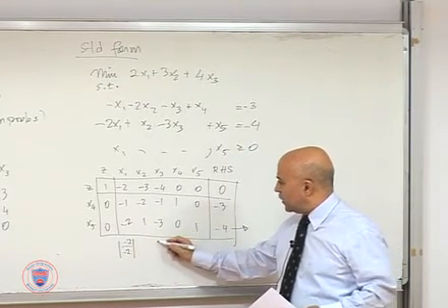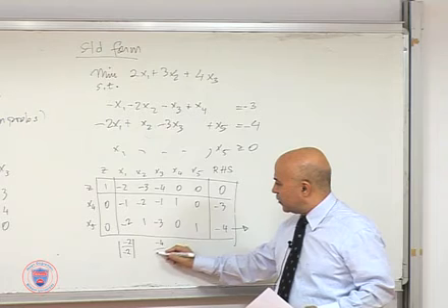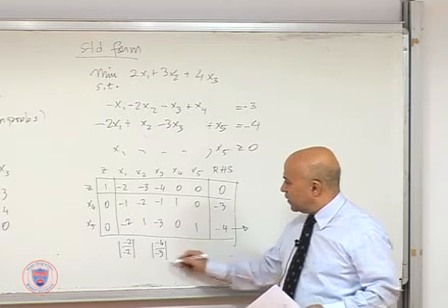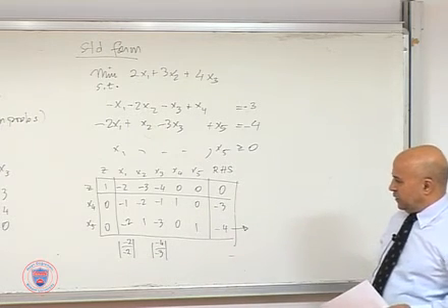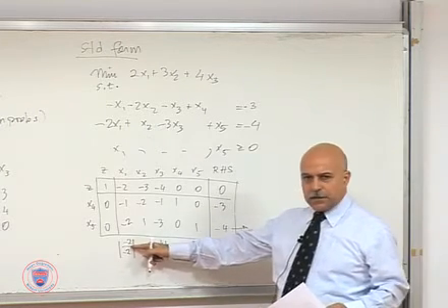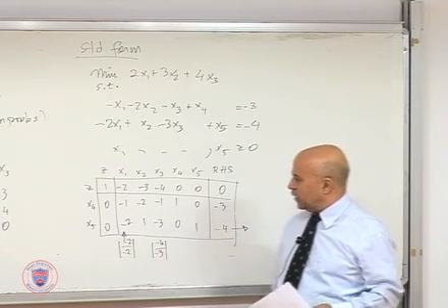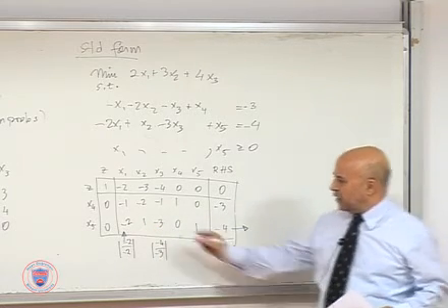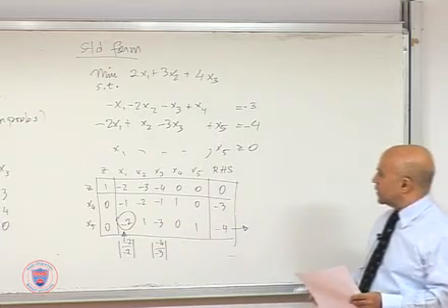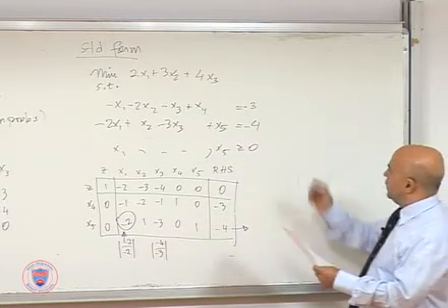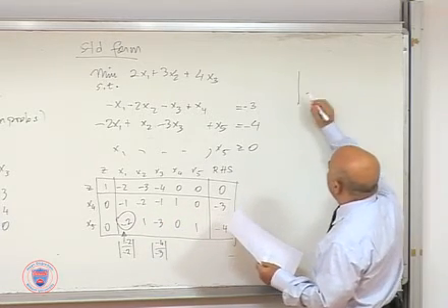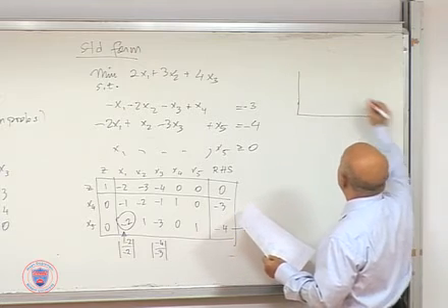Over here, we look at -4 divided by -3. This one is the smallest, so we enter that one. And we pivot on this element. When you pivot, we get the following.